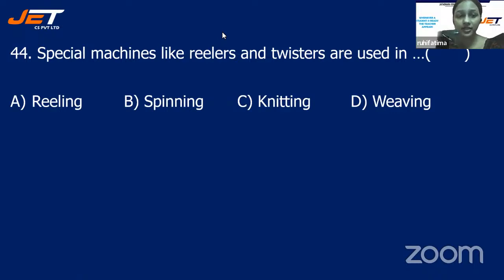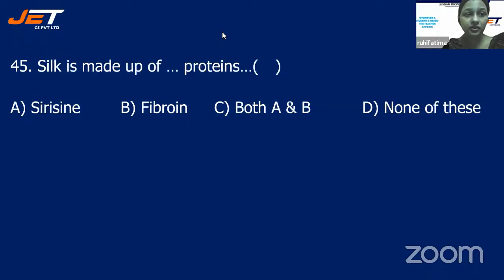Okay, let's see the correct answer. The correct answer is reeling. Okay, reelers and twisters are used in reeling only. You have given the correct answers. Those who have given very well.